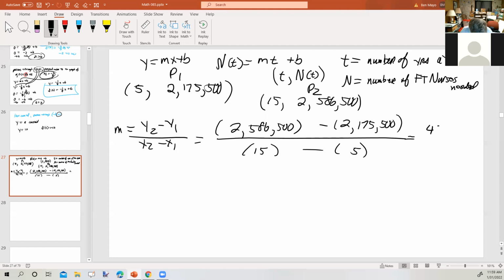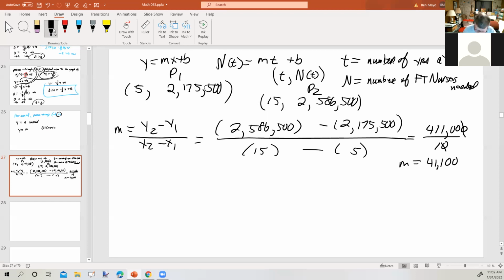I get 411,000. 15 minus 5 is 10. Divide by 10, we get the slope is 41,100. You're just crossing out one of those zeros. All right.